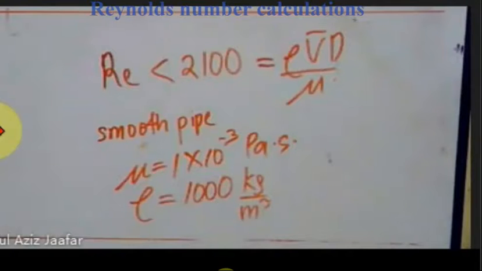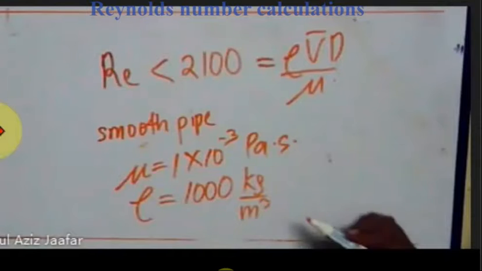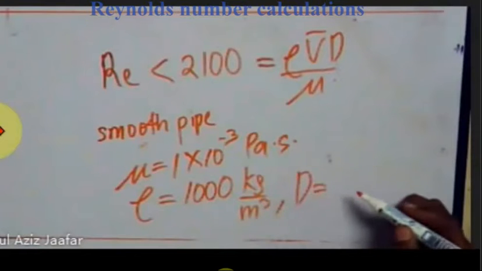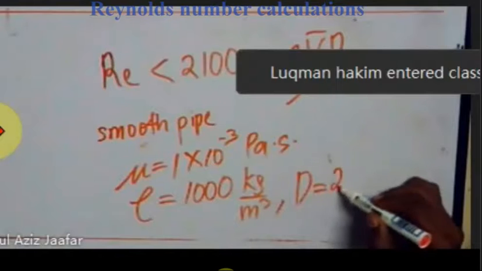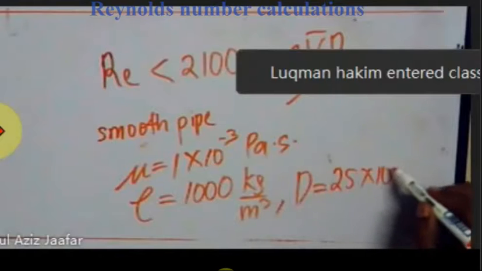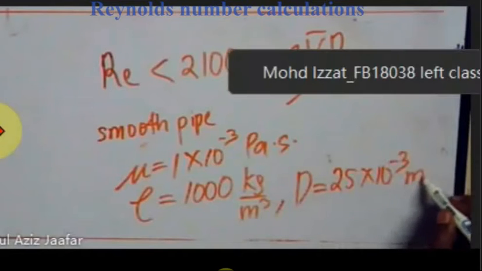This is the assumption that we made. And the pipe has a diameter, let's say 25 mm, so 25 times 10 to minus 3 meter.